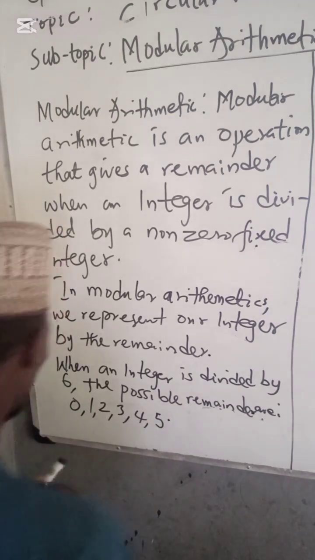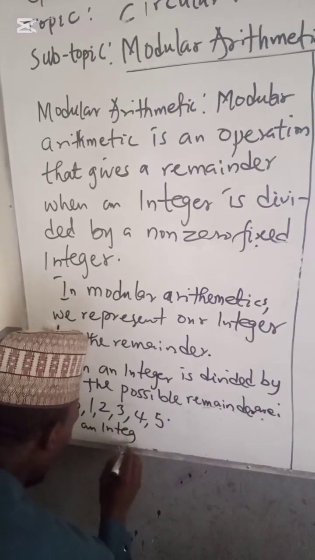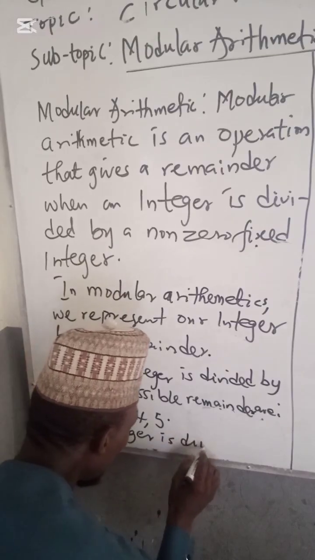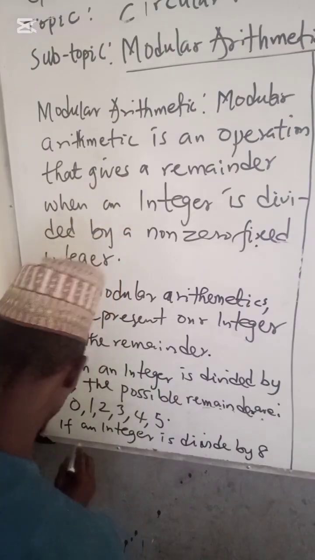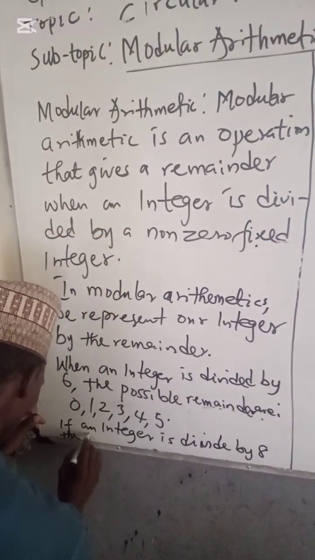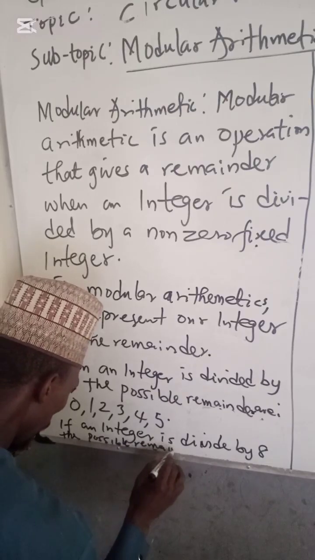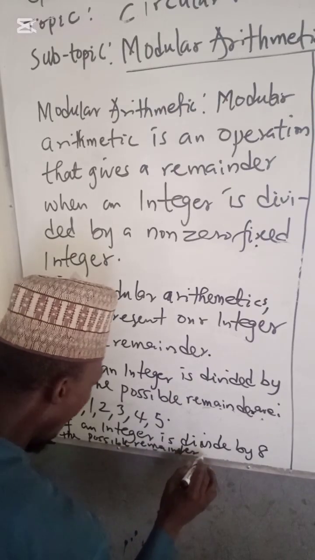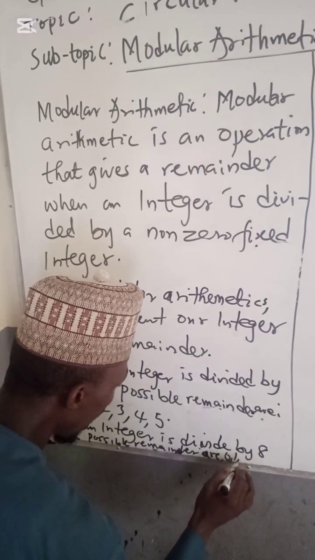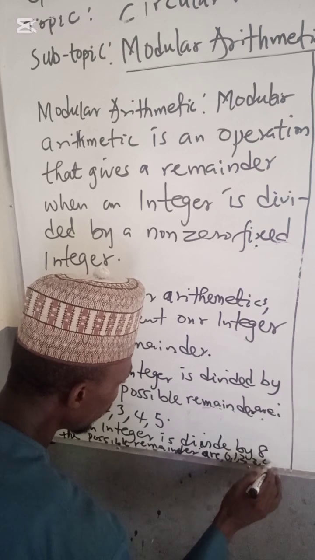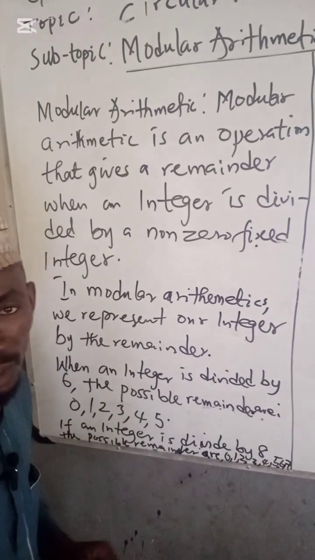If it's divided by 8, if an integer is divided by 8, the possible remainders are 0, 1, 2, 3, 4, 5, 6, 7.